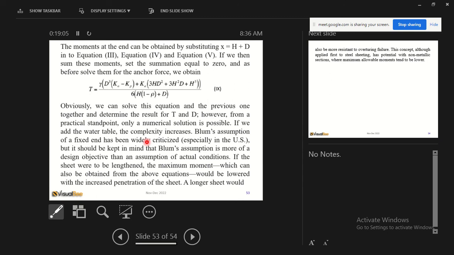The moments at the end can be obtained by substituting x equals h plus d in equations 3, 4, and 5.